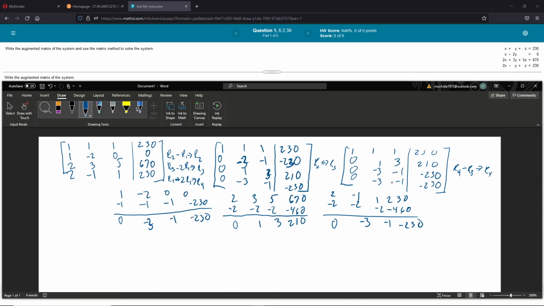If I subtract row 3 from row 4, everything will cancel, so you'll just get all zeros in the last row. So 1, 1, 1, 230, 0, 1, 3, 210, and 0, negative 3, negative 1, negative 230, and then 0, 0, 0, 0.